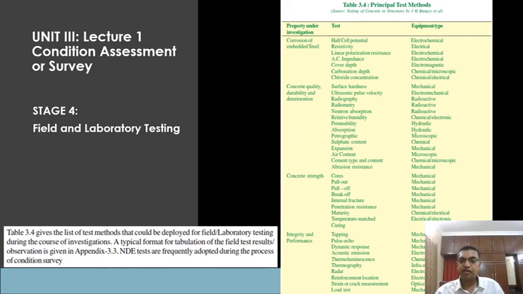There are so many tests you can choose from. Concrete strength, these are the tests. These are predominantly partially destructive tests whenever it comes to concrete strength. Next, integrity and performance tests. We have this. So from these tests, we have to choose a certain sample of tests for the condition survey.